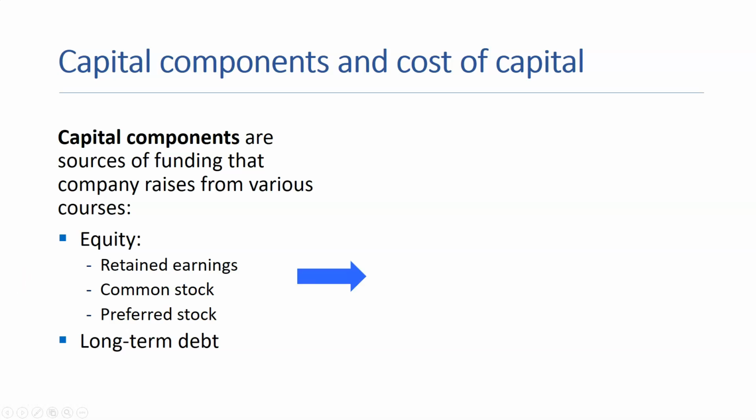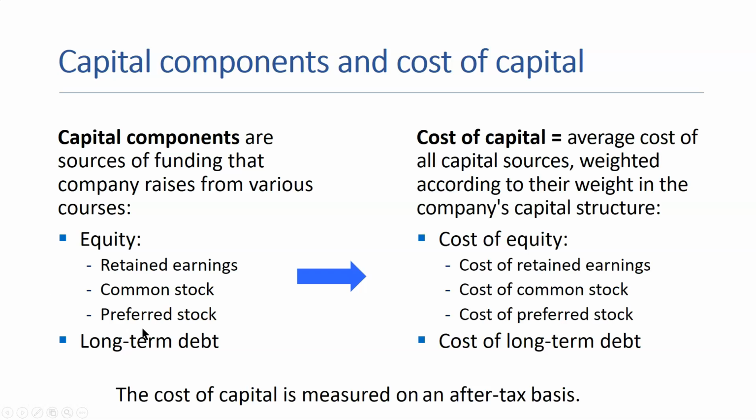Therefore, the overall cost of capital, or weighted average cost of capital, can be calculated as an average cost of all these capital sources, weighted according to their importance in the company's capital structure. The cost of each capital source, equity and debt, is multiplied by its relevant weight, and then the products are added together. What you also need to know is that cost of capital is measured on an after-tax basis.